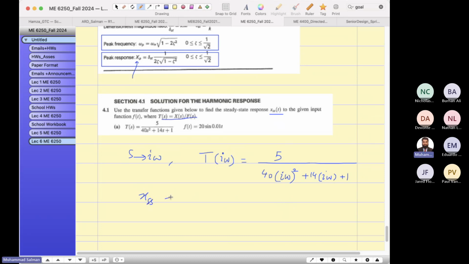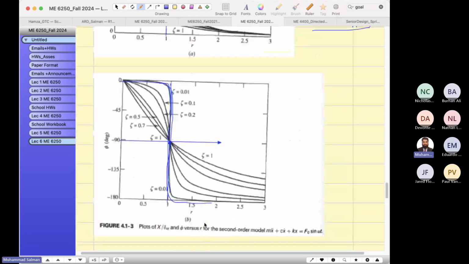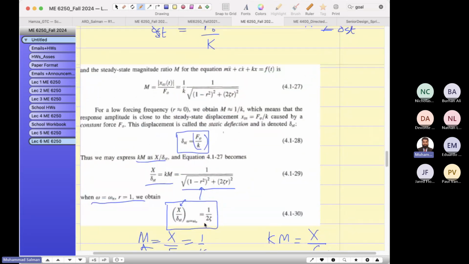And the steady state displacement is the amplitude times sine omega t minus phi. So let me double check this is the same formula which I'm using here.